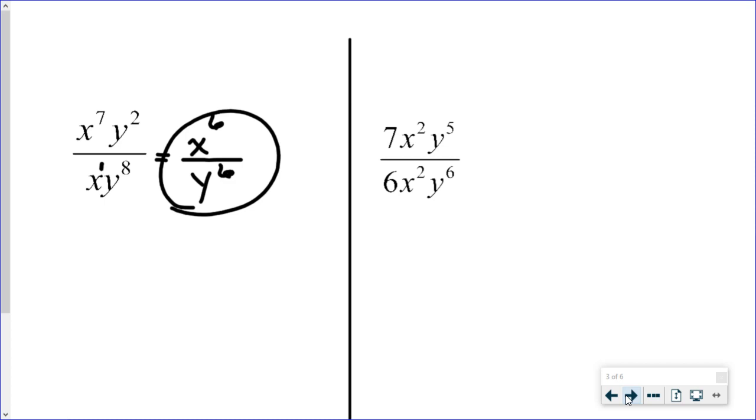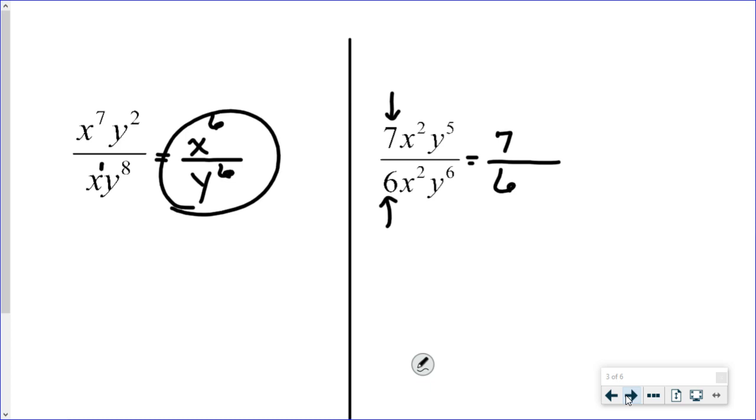Okay, this one. Now there's numbers. Look at the 7 and the 6. Can I reduce 7 over 6? I cannot. If it was 8 over 6, I could. But if not, I'm just going to rewrite them. Now, x to the power of 2 over x to the power of 2.